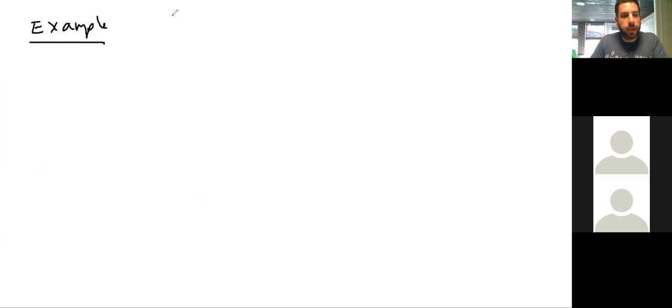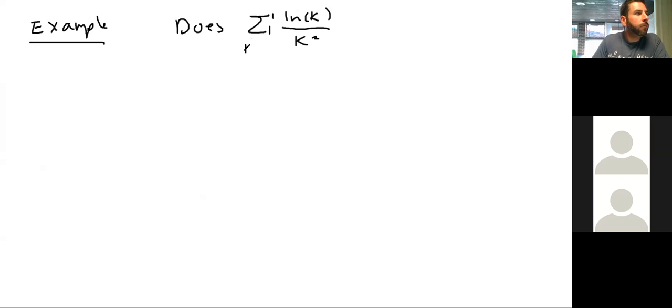So one of the standard textbook examples of this is the following series. If I take the log of k divided by k squared, does this guy converge or diverge?